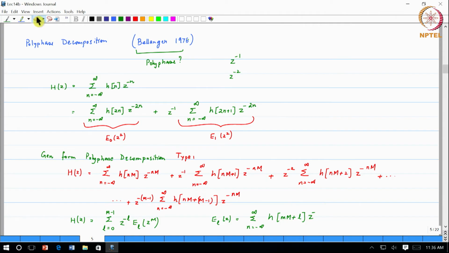I think I wrote the wrong one earlier. This should be h of n m plus L, z power minus n.